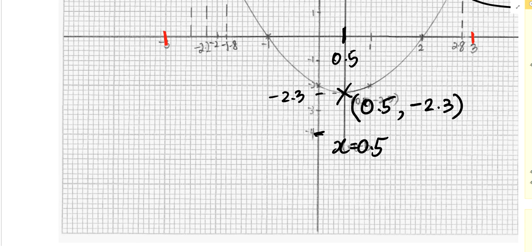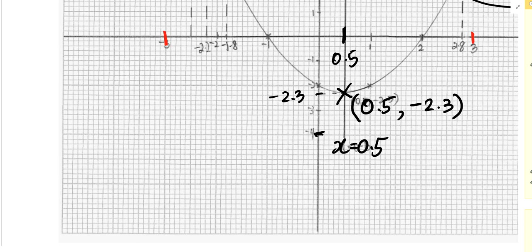So what is one way we can ensure our answer will definitely be correct? What is one thing that we can do to ensure that this value, negative 2.3, is definitely correct? Is there a way to find the exact position of the point when x equals to 0.5? Can, right?